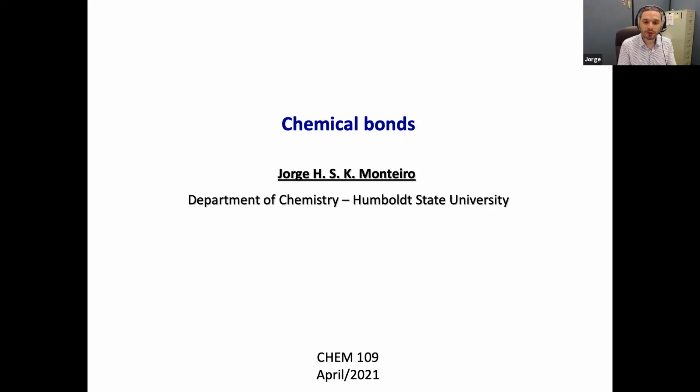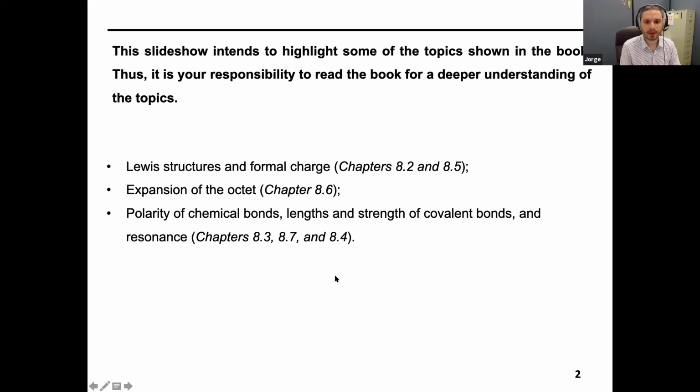So we will talk again about chemical bonds. We already started talking about ionic bonds, so you need to remember what was taught already. And for this chapter, we will cover deeply the covalent bonds. We will focus on the covalent bonds, starting with Lewis structures and formal charge.